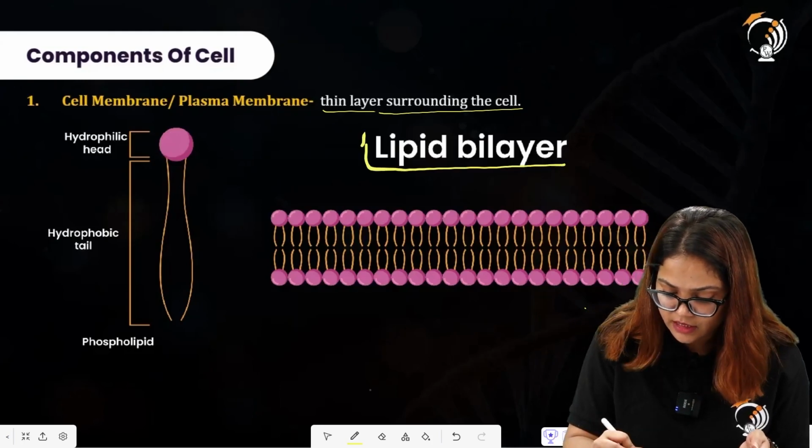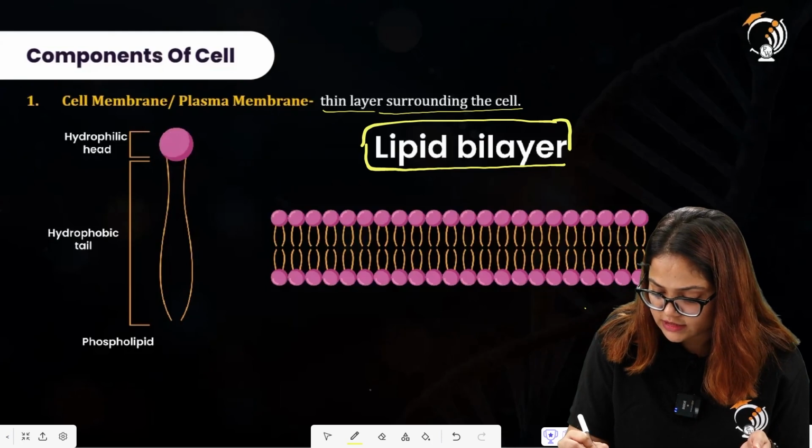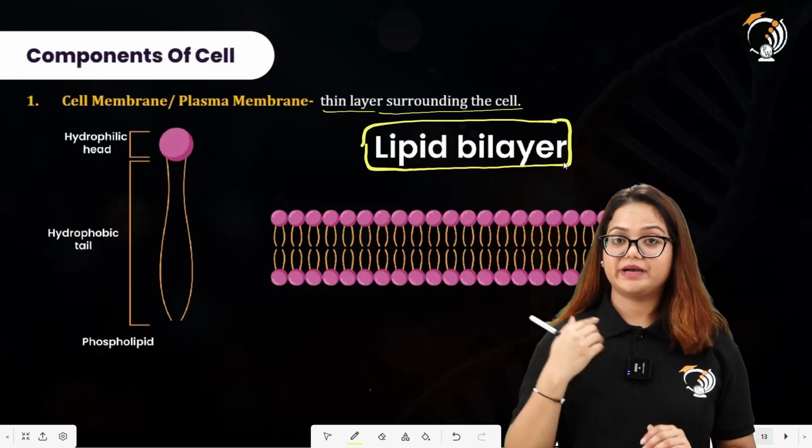The plasma membrane, or cell membrane, is basically a lipid bilayer.